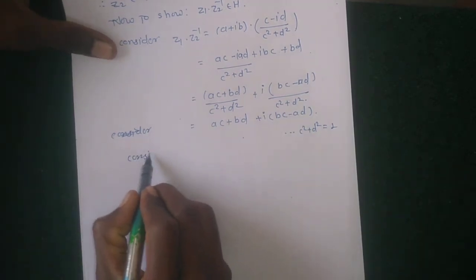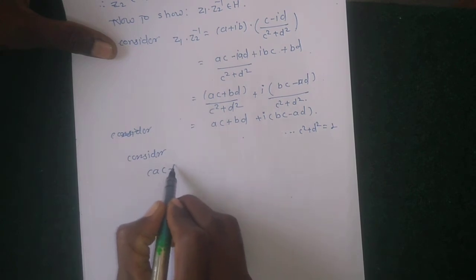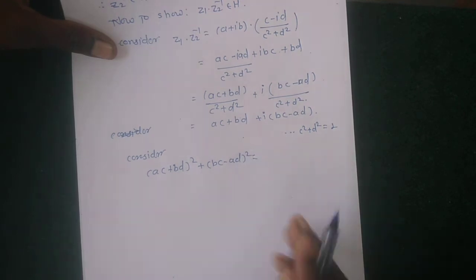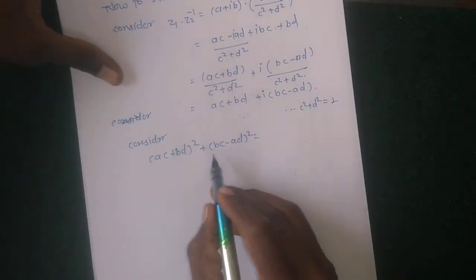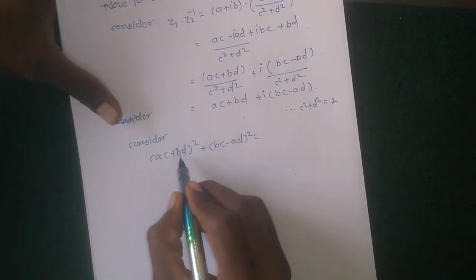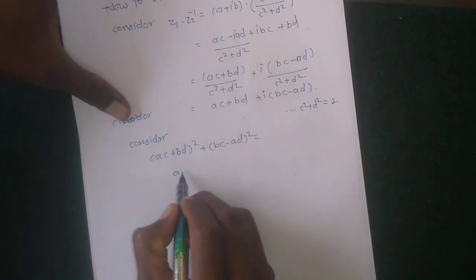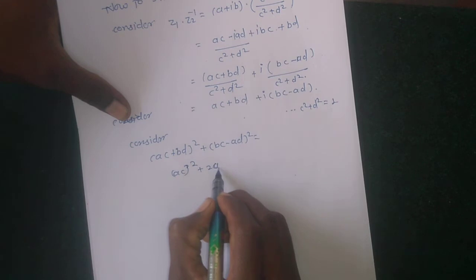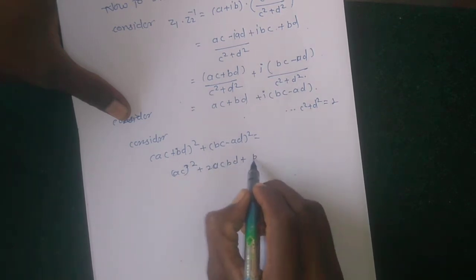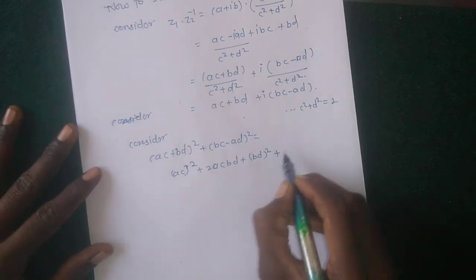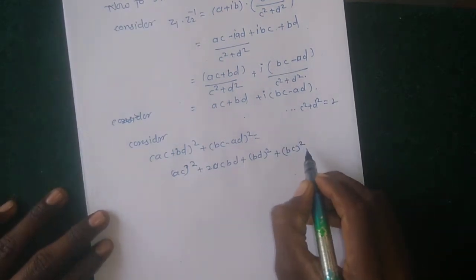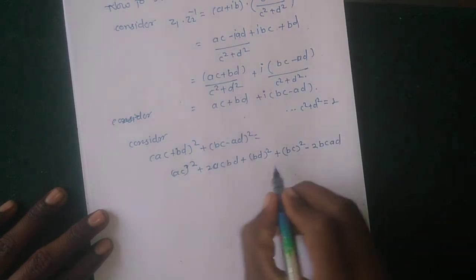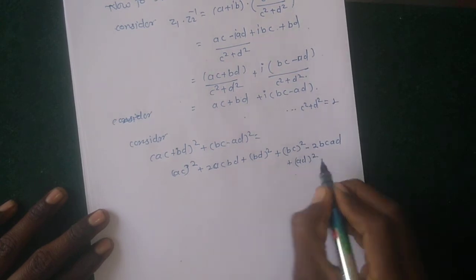Now consider AC plus BD square plus BC minus AD square equal to, the square of this element, first bracket square is AC square plus 2 into AC BD plus BD square plus BC square minus 2BC AD plus AD square.